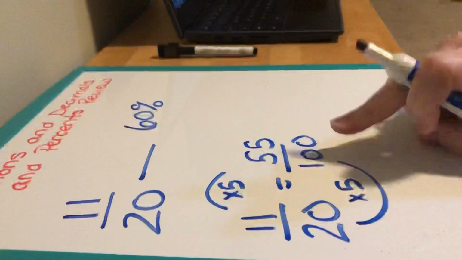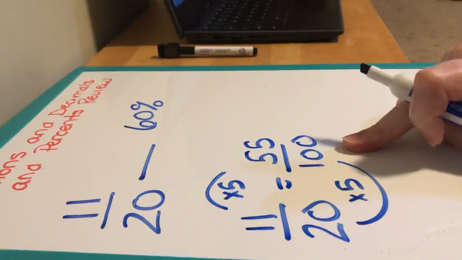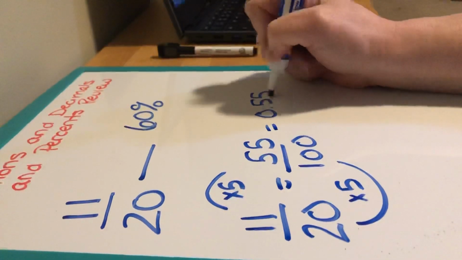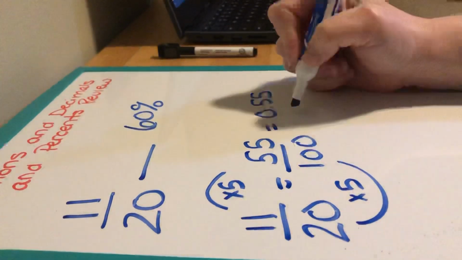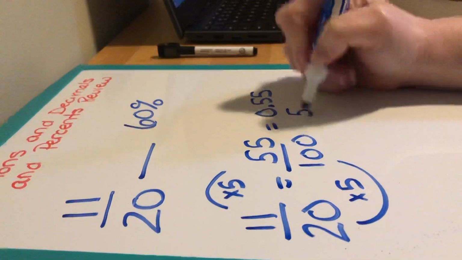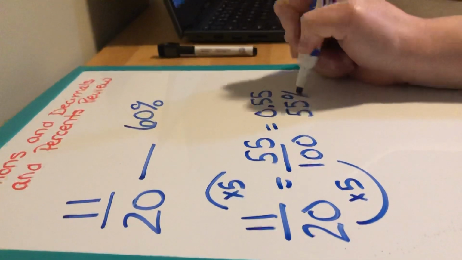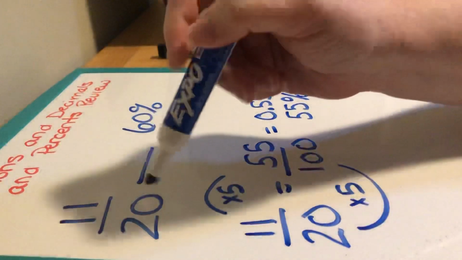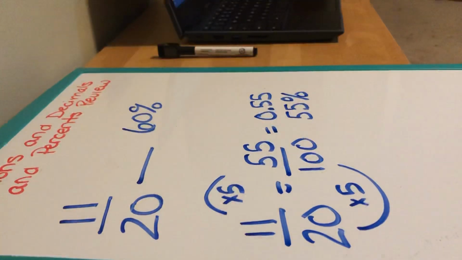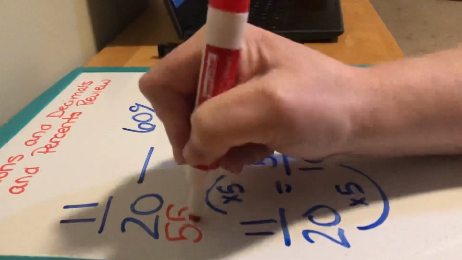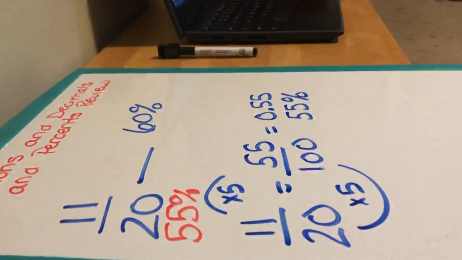I can now take this really easy fraction and I can turn it into a decimal, and I can turn it into a percent. Okay, so now this 11/20 actually has the same value as 55%.